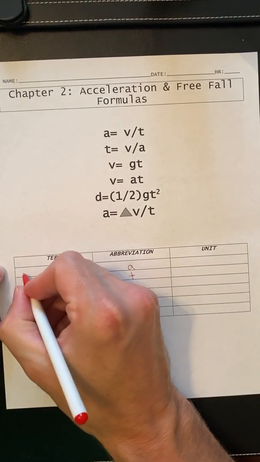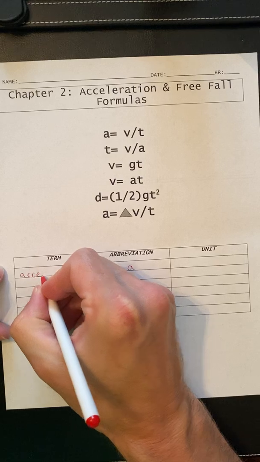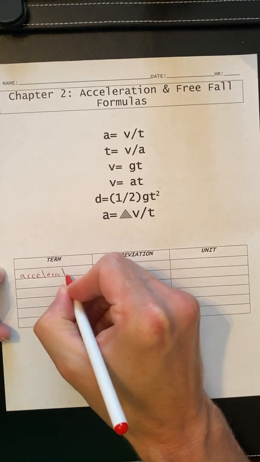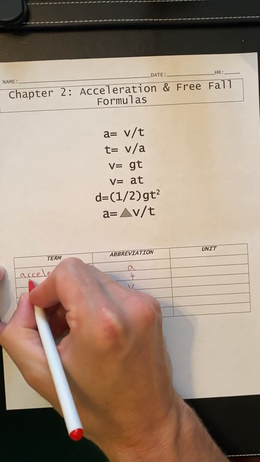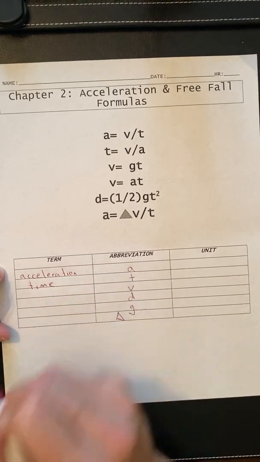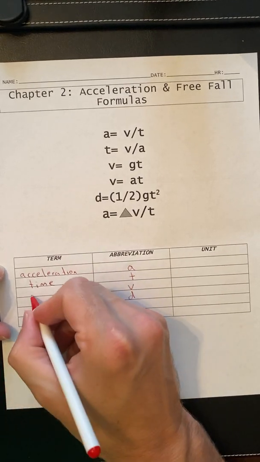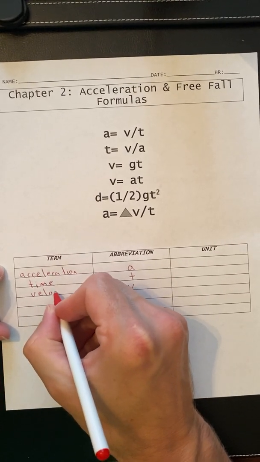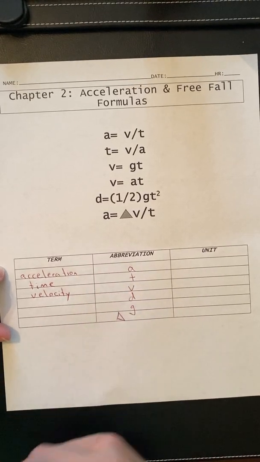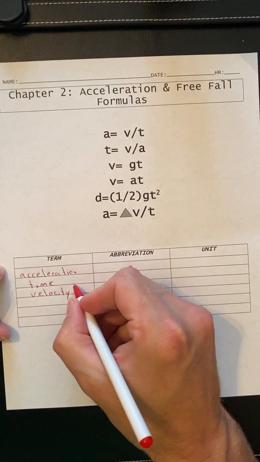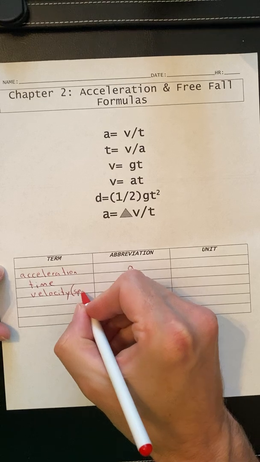So A is, of course, acceleration. T is time. V is velocity. And like our last quiz, I'm just going to put in parentheses here speed.